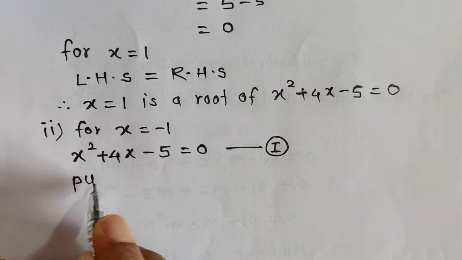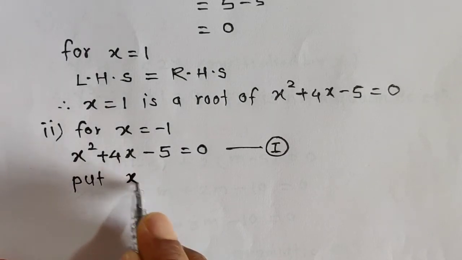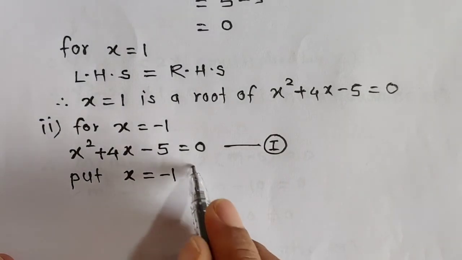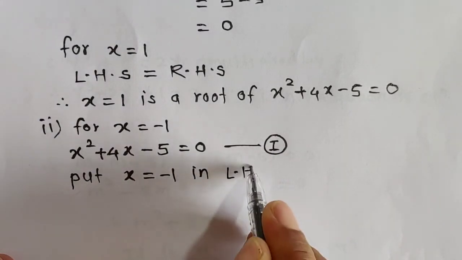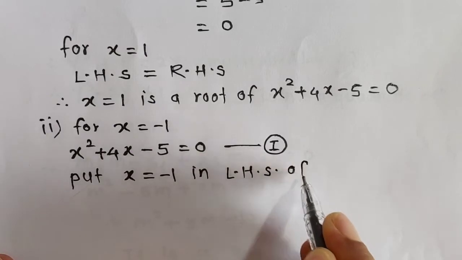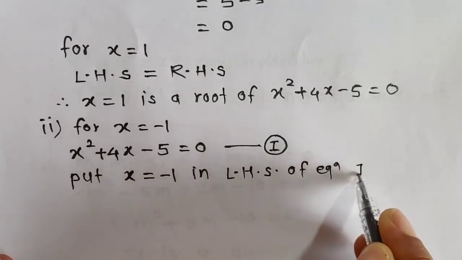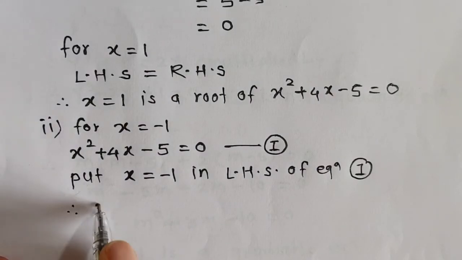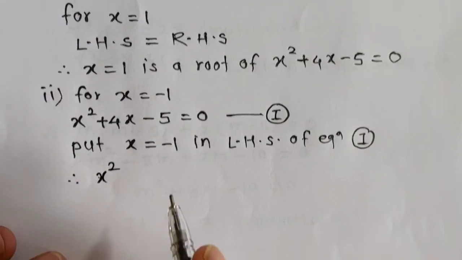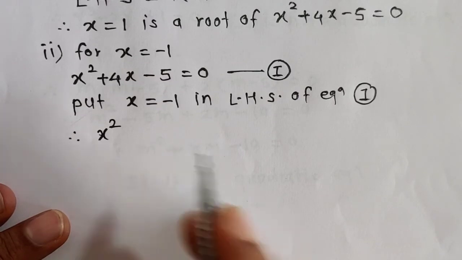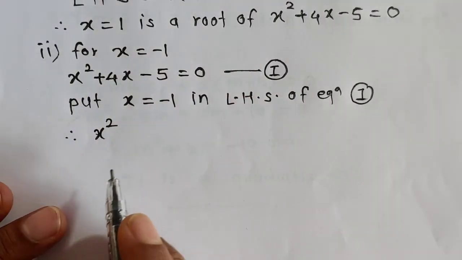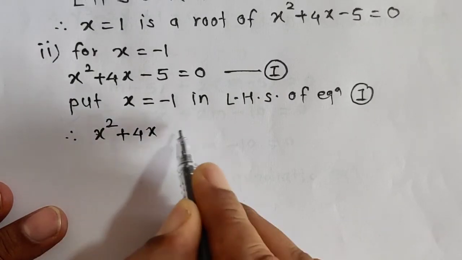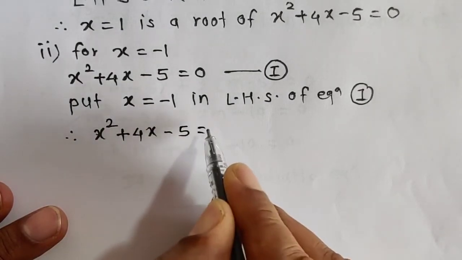Put the value of x is equal to minus 1, that is given, in the left hand side of equation 1, because right hand side is always 0. So only write the left hand side, x square plus 4x minus 5. When we write the right hand side, our marks become 0.